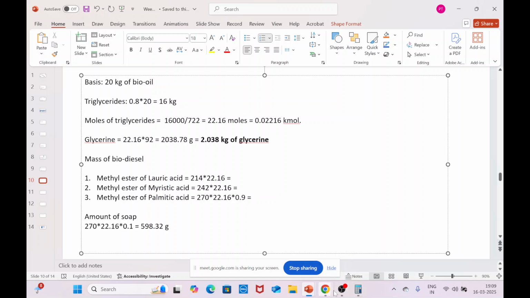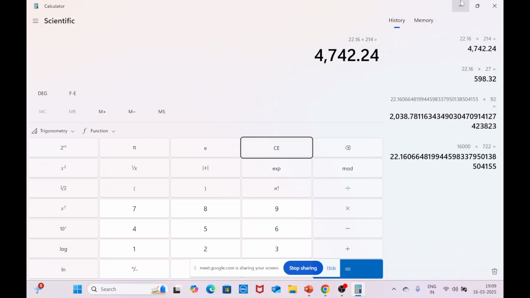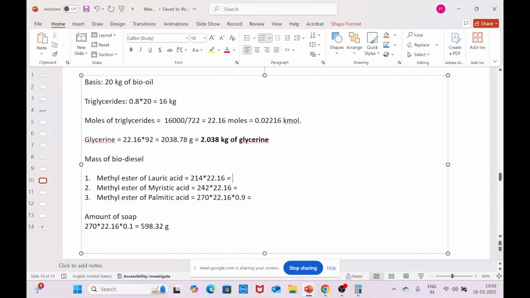Like that, for everything we need to calculate. So let's calculate that. 22.16 times 214, 4742.24 grams.